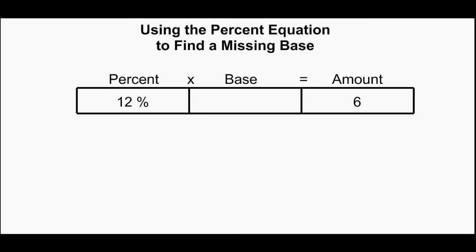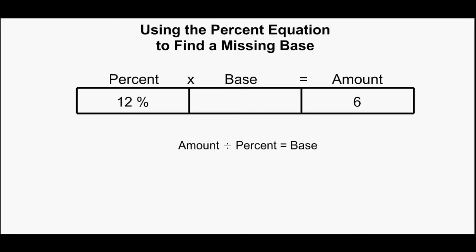We are missing the base. The base is a factor. Remember, we can multiply the percent times the base to get the amount. But if a factor is missing, then we need to use division to find the missing factor.